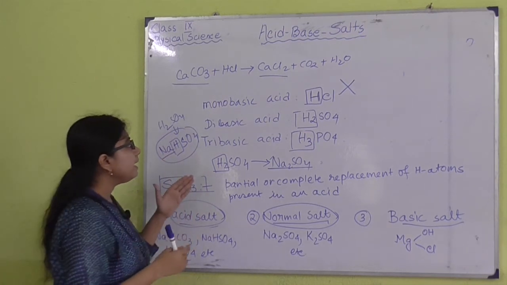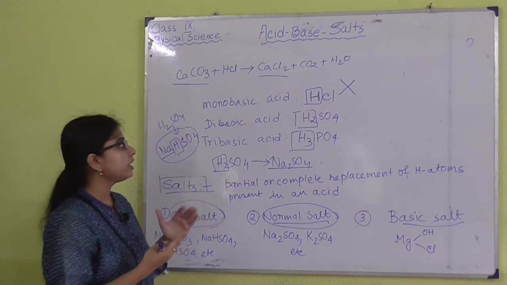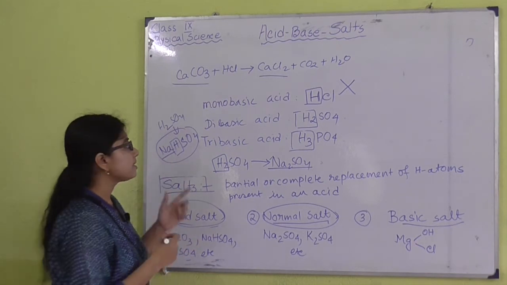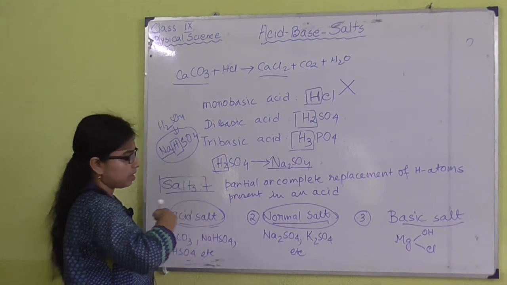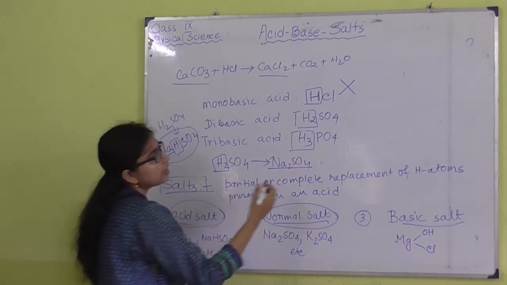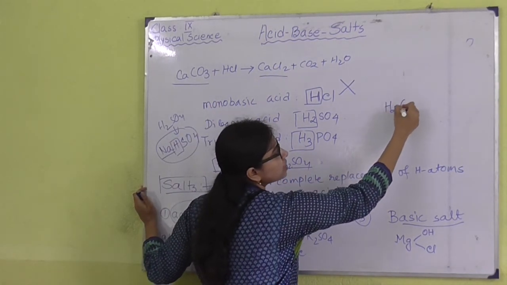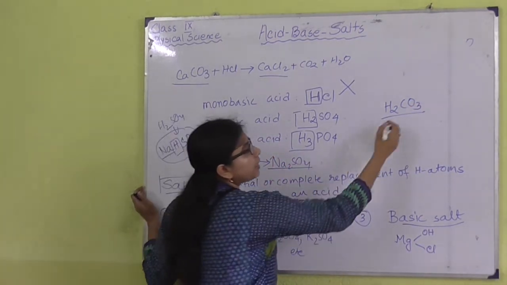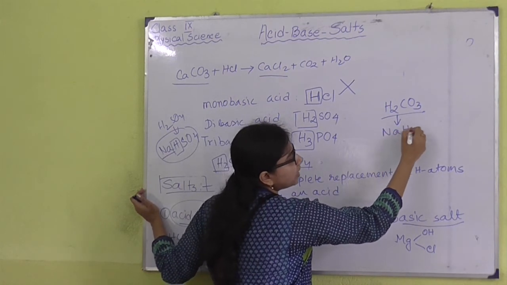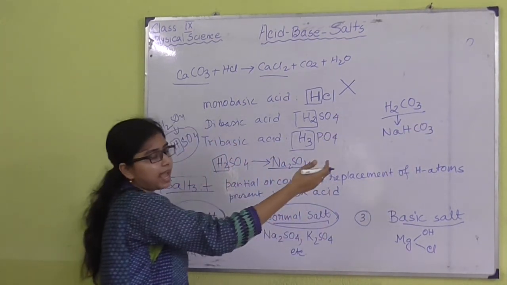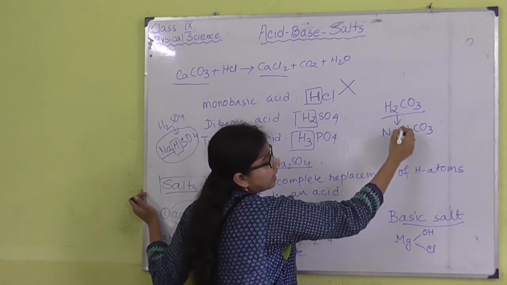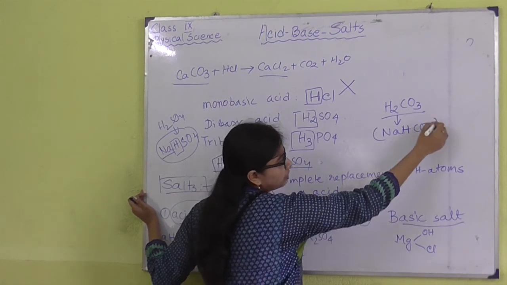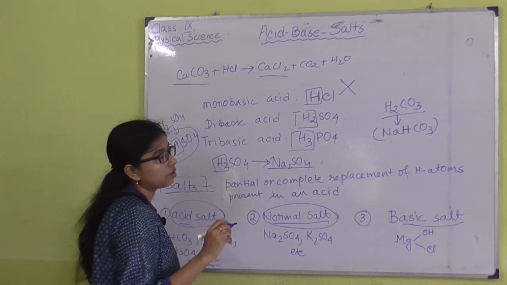So when acidic hydrogen atoms are present within the salt, the type of salt is known as acidic salt. We can also have another type of acidic salt, like H2CO3. H2CO3 means carbonic acid. Now if I prepare NaHCO3 from this acid, I can see that there is an acidic hydrogen within the salt. So this is another example of acidic salt.